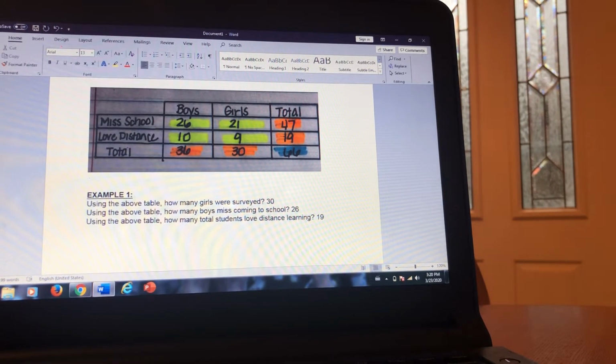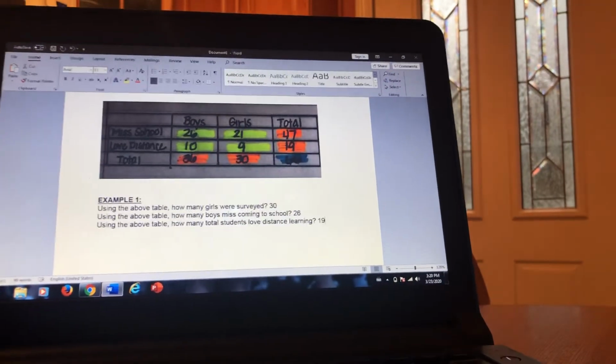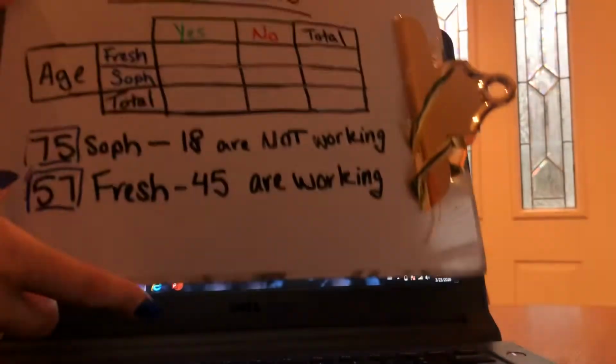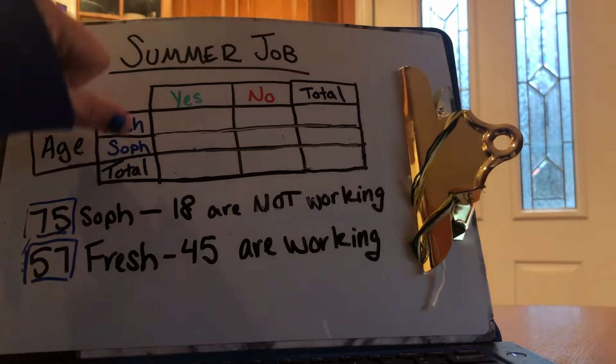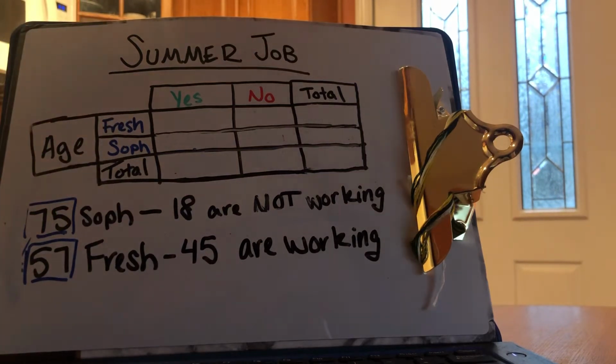Let's take a look at example 2 in our notes. I already created a table for it. So here's the table. And I broke it down so that there's freshmen and sophomores, and then there's a yes and no column for if they're working or not over the summer. So in the paragraph above, the paragraph that's giving the information for example 2, I broke it down and put the important stuff here.